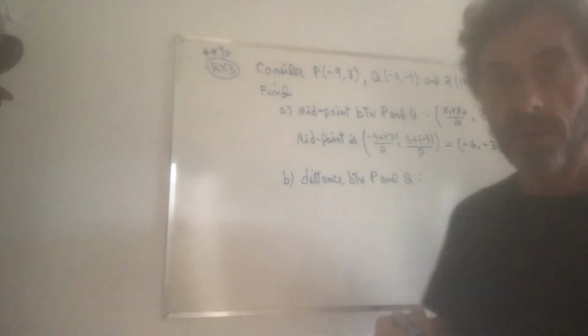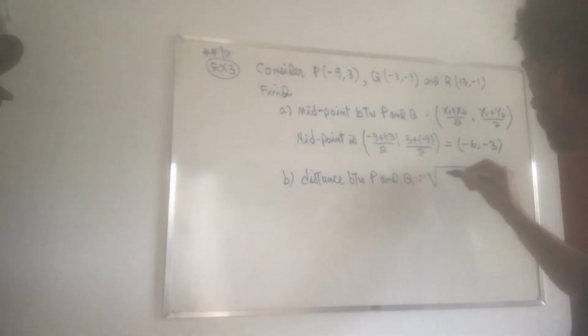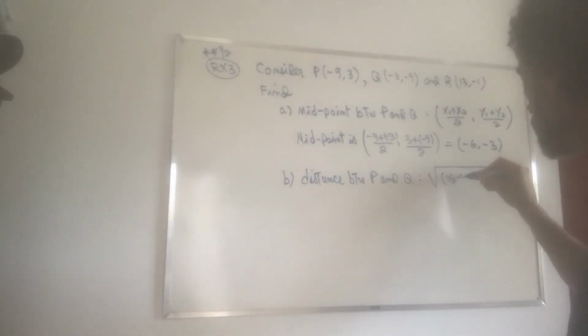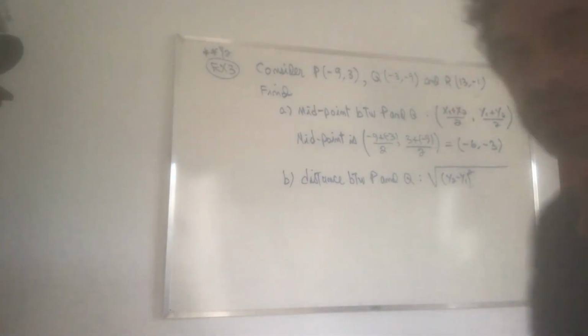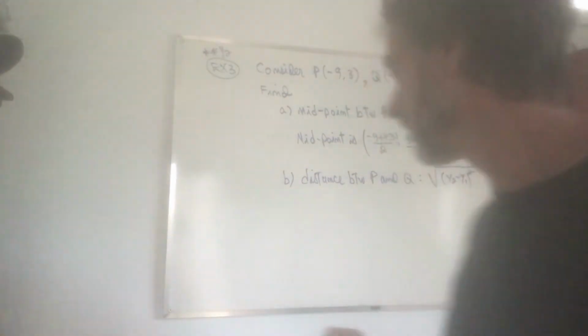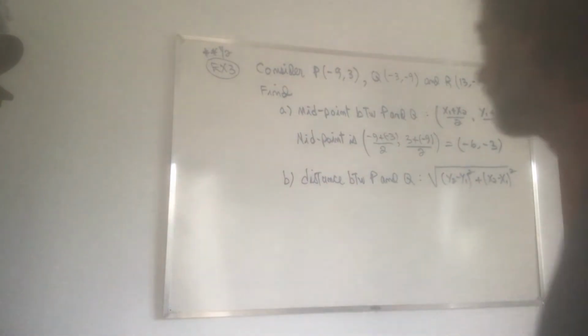If you remember on the previous whiteboard, we had this formula for the distance. Differences of the y's squared. Don't forget the square. Because if you do, you might have a negative square root and nothing works. Plus x2 minus x1 squared.